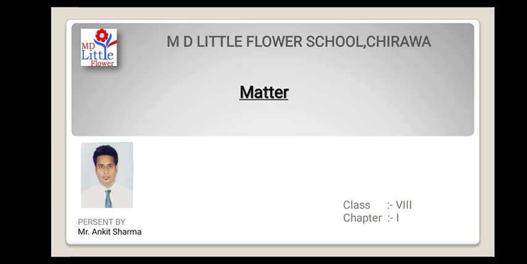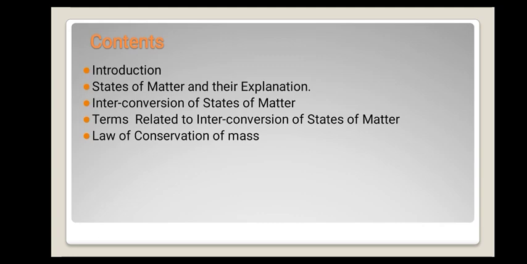So, let us start with chapter 1, that is matter. You have already studied that same chapter in class 7th also. The chapter name is matter and its composition. Now, let's come to the contents of that chapter. First of all, there's a brief introduction to matter.